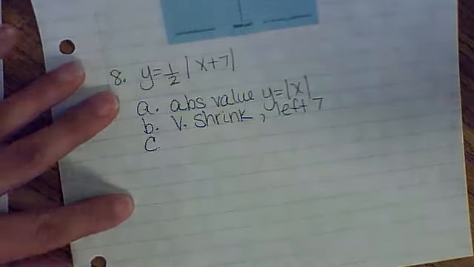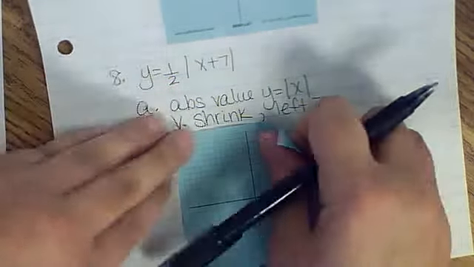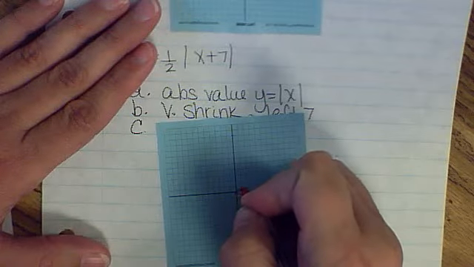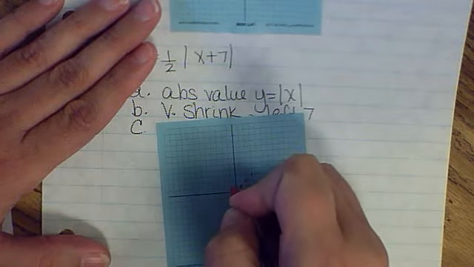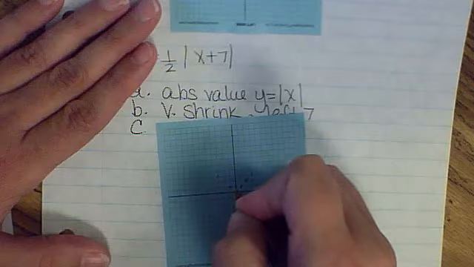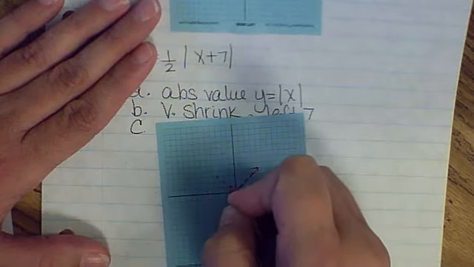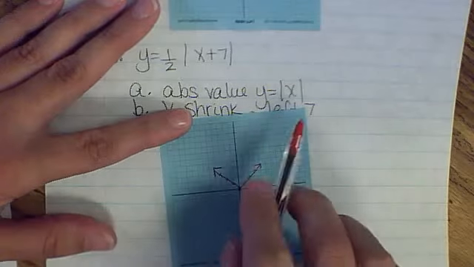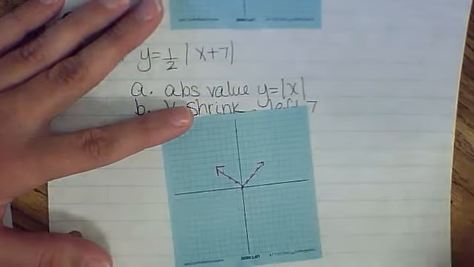Okay, so for our graph, draw in the absolute value parent function. Now this vertical shrink, I'm going to come back and do that in a second. I'm going to first do this left 7 movement.